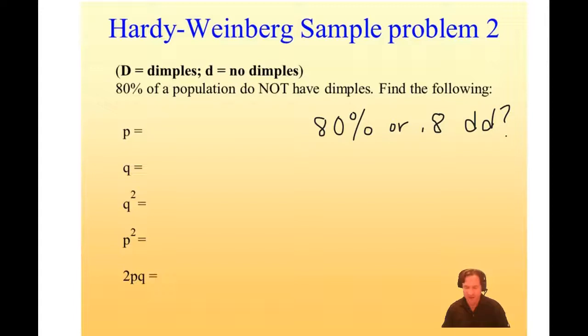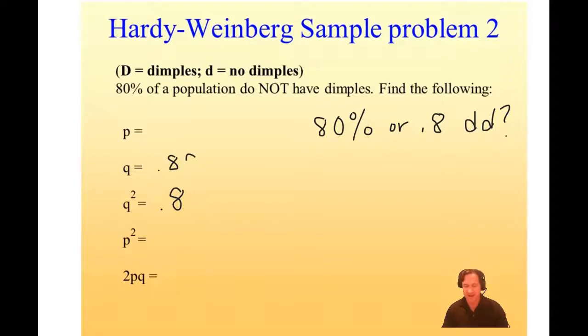So q squared has to equal 0.8 because 80% of the population don't have dimples, so they have to have the genotype of little d little d. Now, since we have q squared equals 0.8, to find q, just insert that into your calculator and take the square root. And if you do that, you will get q equals 0.89.